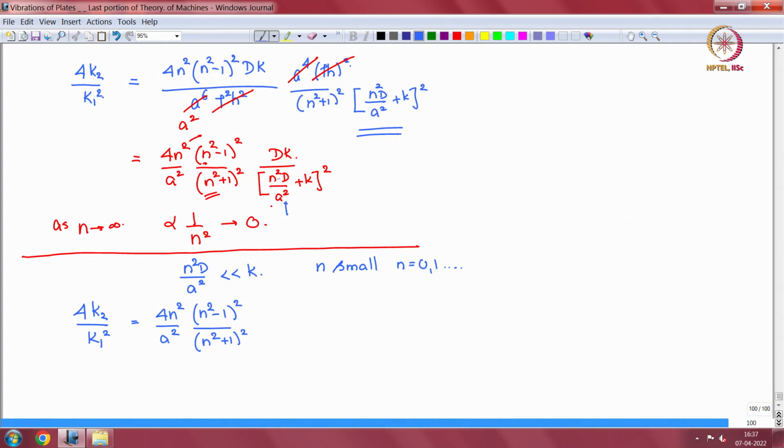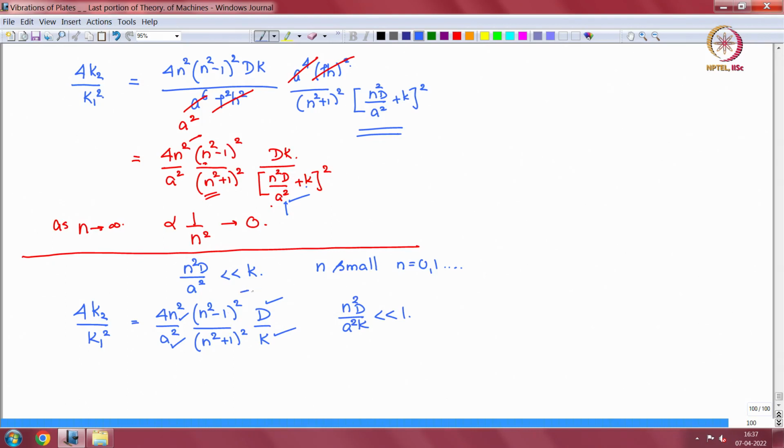And if I drop n square d by a square, I get k square, but there is a k on top, so I am left with d by k. But again you can see that there is n square d by a square k. So we said n square d by a square k is much less than 1. And for small values, when n is 0, this is 1.